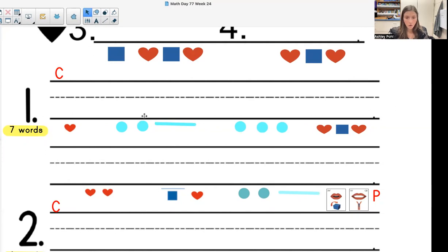Oh, there's that line there that normally means to double it. I will get. Okay, remember, make sure your G is facing the right direction.